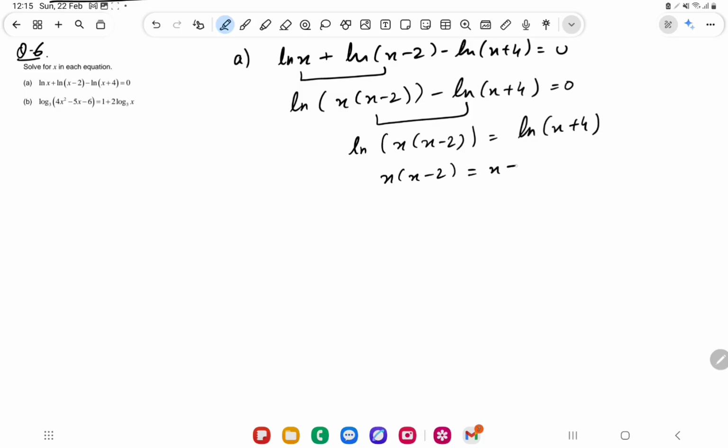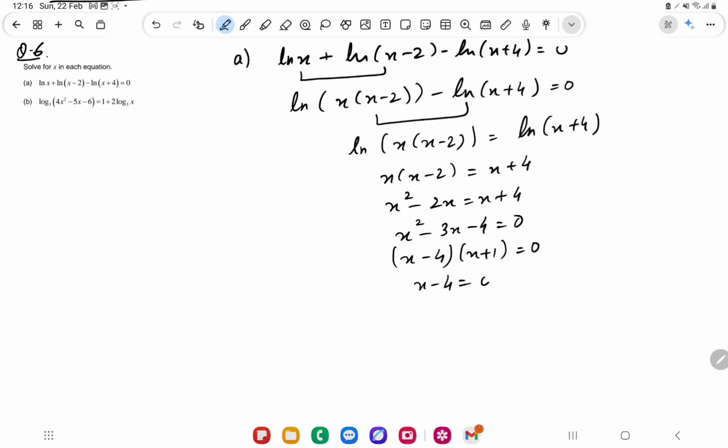So I can write it like this, and now after opening the bracket I will get this as the expression, and on simplification I will get x square minus 3x minus 4 as my equation. Now we can use middle term splitting. So after middle term splitting, I will get x minus 4 or x plus 1 is equals to 0.